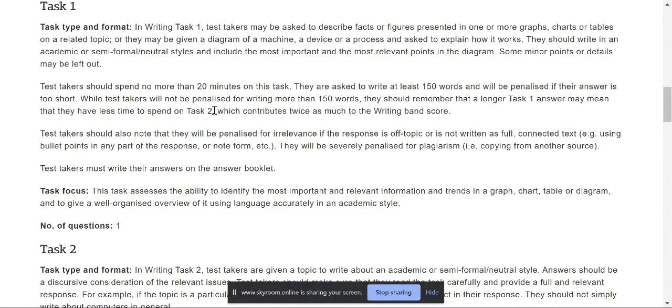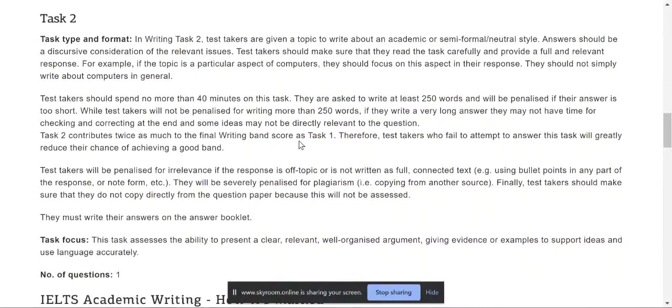So be aware, it is not exactly written, there is no rule like this, but be aware that you have to put all your English knowledge and grammar into task 2.